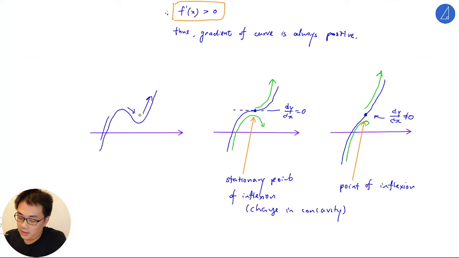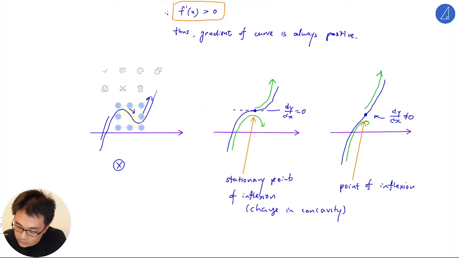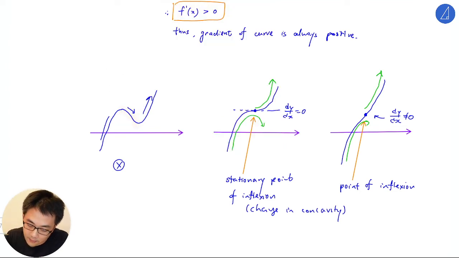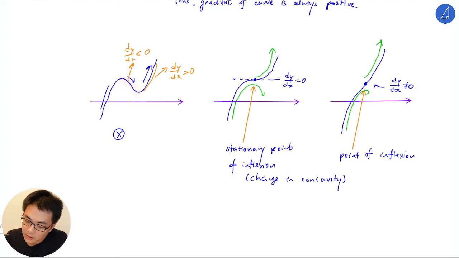So this region here, there's a negative gradient. This is obviously not, because dy/dx is not always bigger than 0. Where dy/dx is negative, here dy/dx is positive. This one is f prime x at least 0, can be 0. This is f prime x bigger than 0.